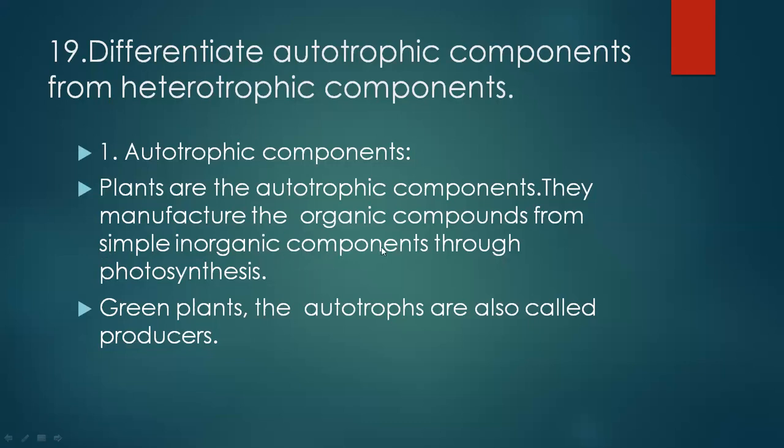Inorganic components are carbon dioxide and water. The resultant product, organic compound, the starch. So autotrophs synthesize their own food material through photosynthesis. Green plants are called autotrophs, also known as the producers in an ecosystem.